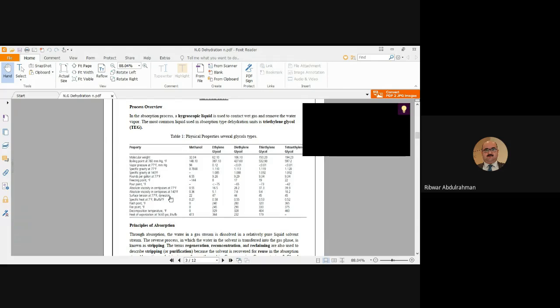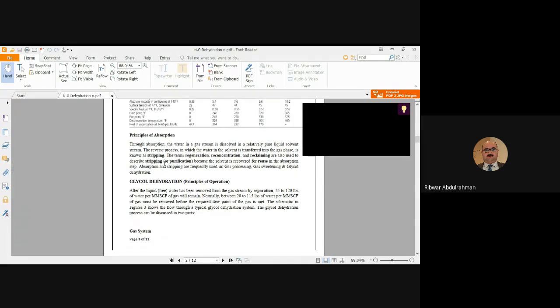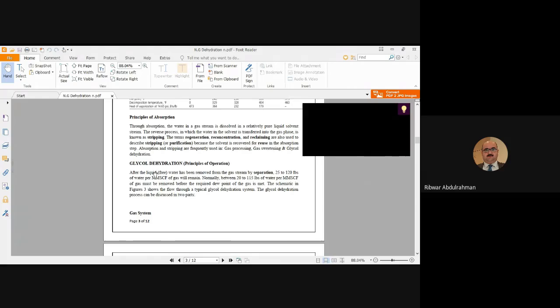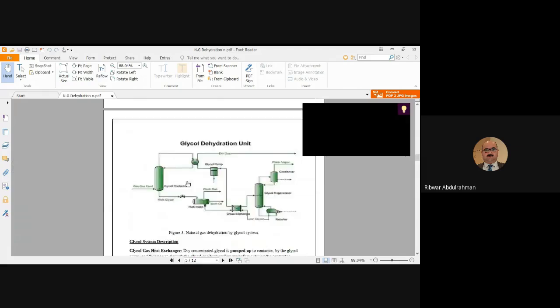We also talked about these tables, which illustrate several physical properties of the glycol types, for example, ethylene glycol and diethylene glycol, and so on. We already explained that. We also explained the process. Okay, in today's lecture I will also revise it. There are many units in the process.